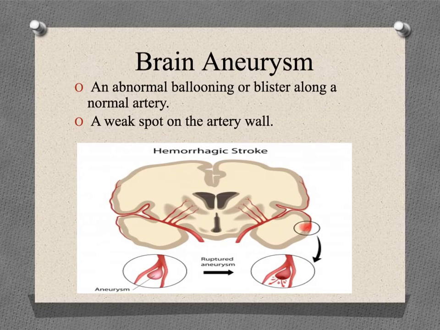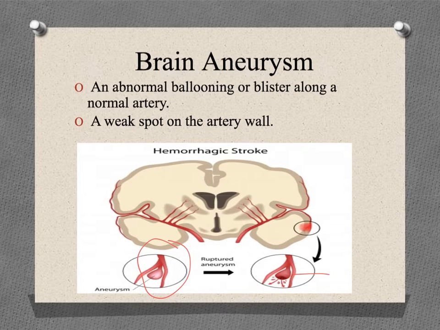Here are some pictures of what an aneurysm may look like within the cerebral arteries. You can see this would be, I believe, a fusiform or a berry type aneurysm off of an arterial vessel, and then this is what it would look like as it ruptures due to the high pressures in that area.